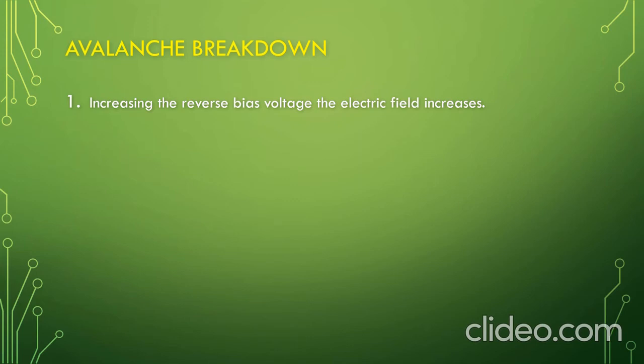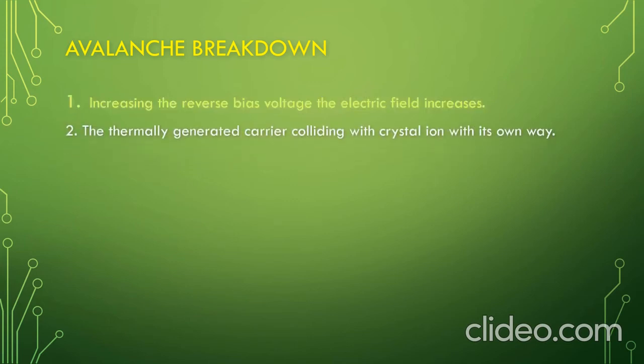So the second point is that the thermally generated carrier collides with a crystal ion on its way, disrupts a covalent bond and produces a new electron hole pair. These carriers can also gain sufficient energy from the applied field and collide with other crystal ions to generate further electron hole pairs.